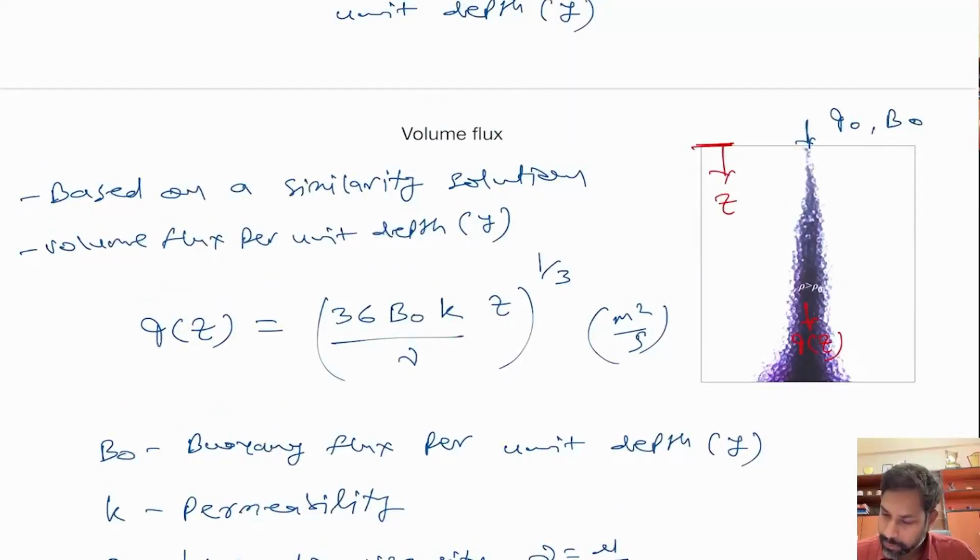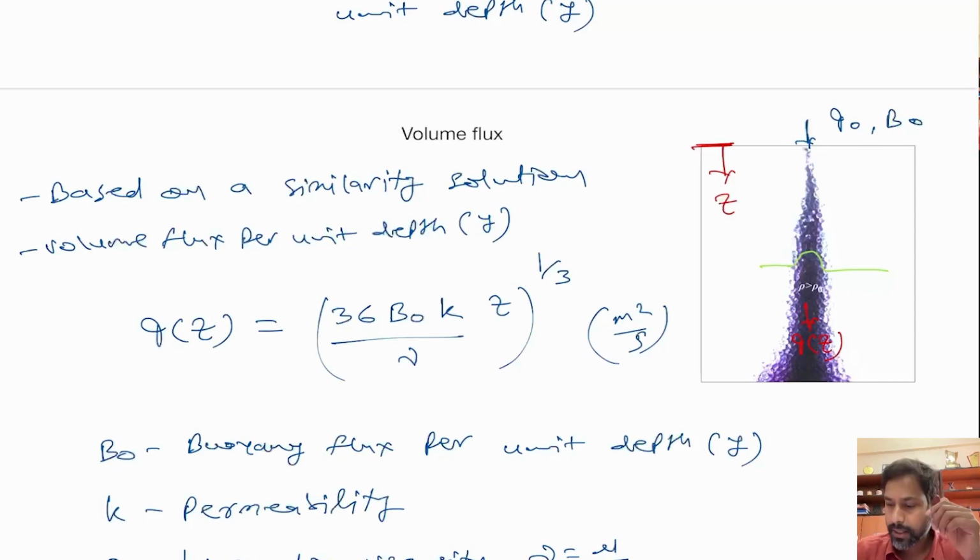Because as you go from left to right, the center line will have maximum density, but as you go away from the center line, the density decreases, and that is why the density of the plume is not constant at a particular Z location. It is also a function of X.